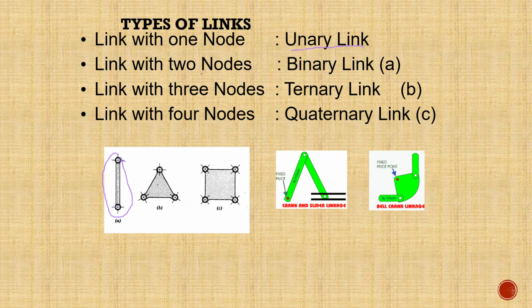So a link with two nodes is called a binary link. Then this one, which has three nodes, is what we call the ternary link. Please make sure that you know this. And the link with four nodes, this one here, is what we call the quaternary link, right?